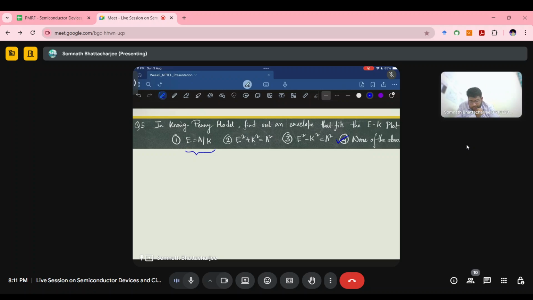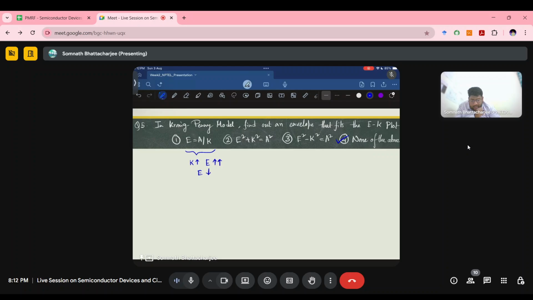What happens if we increase the value of k? The value of E should be what? Since the envelope forms a parabola, for the increase in k, the E should increase, but in this case, what happens?